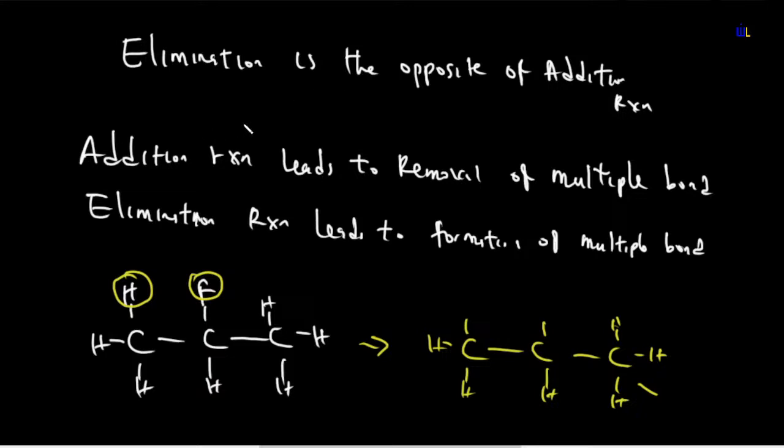I don't have the slide basically, but just put that down. If we are asked to compare and contrast, addition reaction leads to the removal of multiple bonds, elimination reaction leads to the formation of multiple bonds. Another contrast is that addition reaction increases saturation, elimination reaction increases unsaturation. So you can be putting these things down.